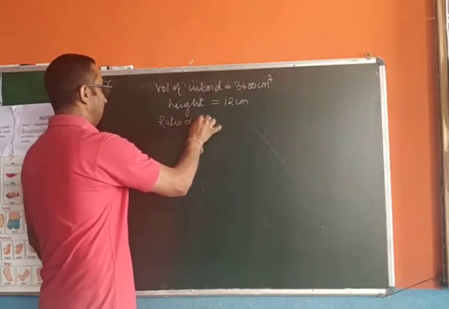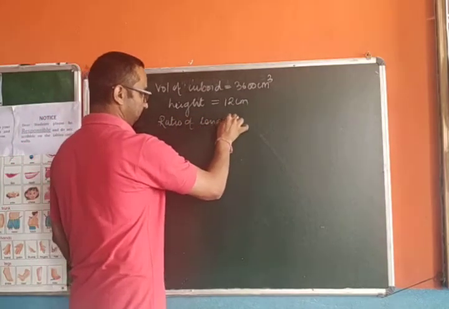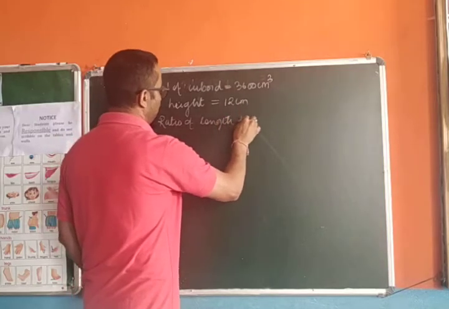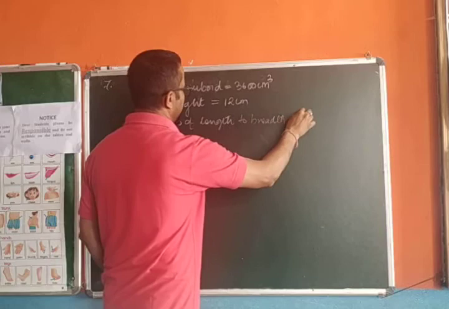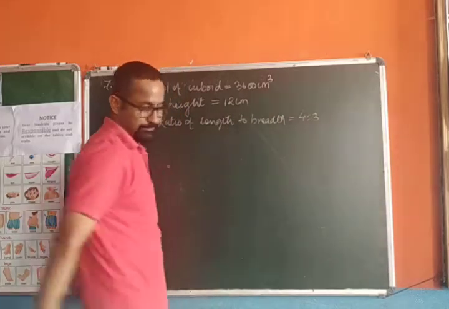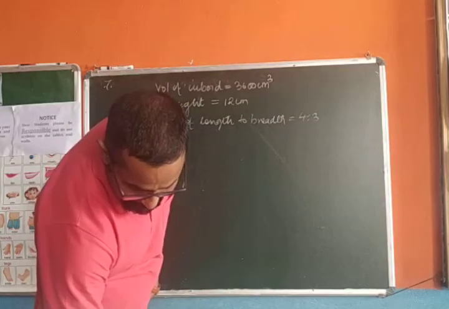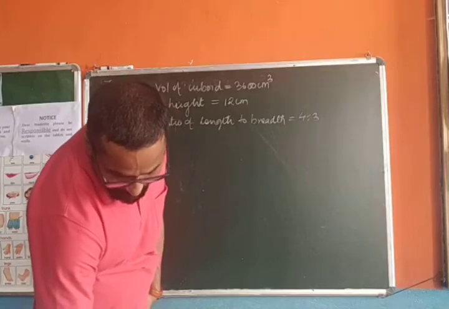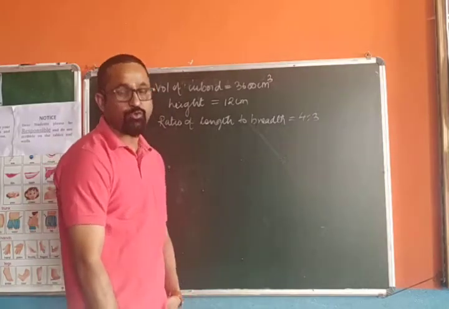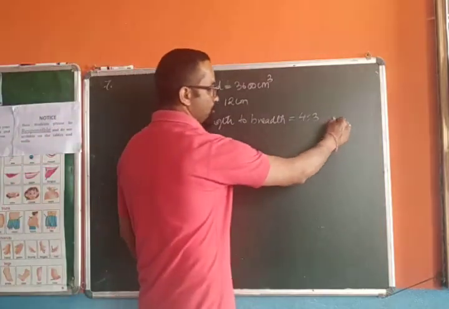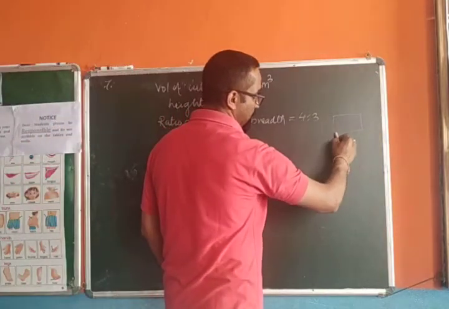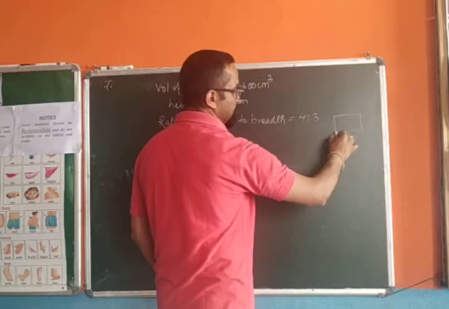Ratio of length to breadth is given 4:3. Question says that calculate the perimeter of cross section. Perimeter of cross section means you have to find the entire length.